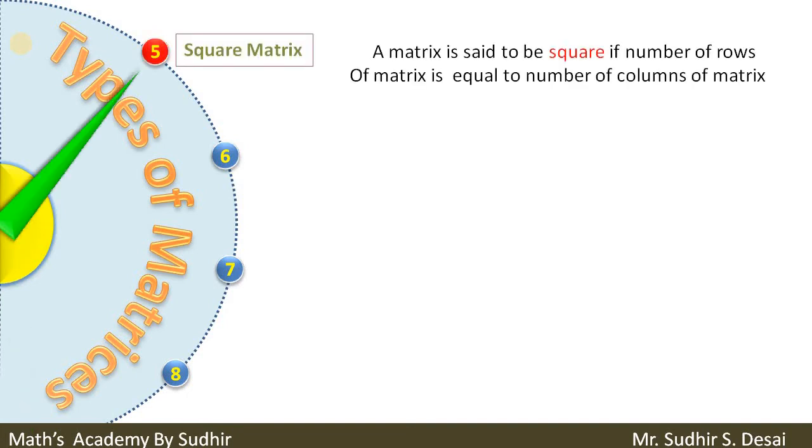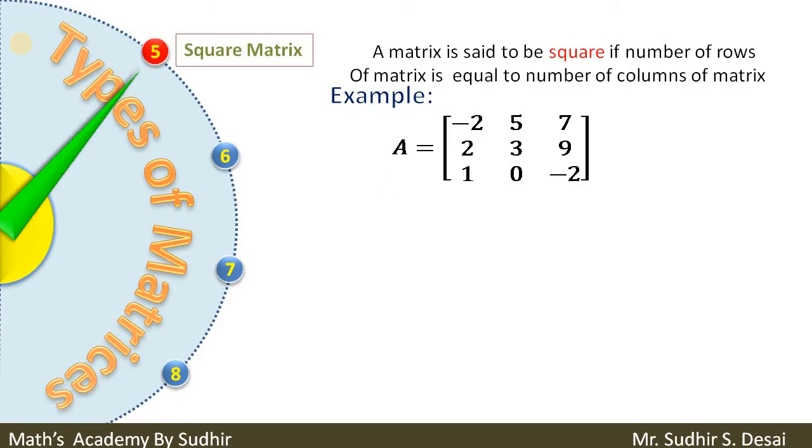So let's take the next type. Next type of a matrix is a square matrix. Very important. A matrix is said to be square if number of rows of matrix is equal to number of columns of matrix. For example, matrix A. What is the order of this matrix? You can clearly observe that there are 3 rows and 3 columns. So number of rows are 3 and it is equal to number of columns, that is 3.